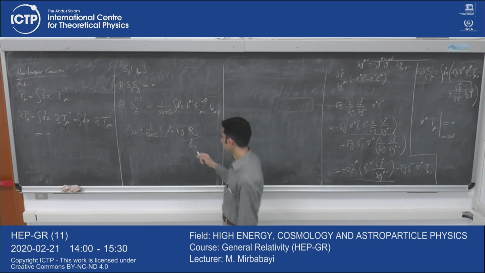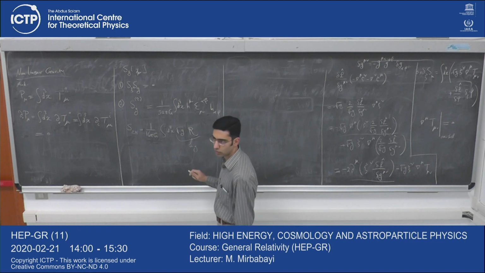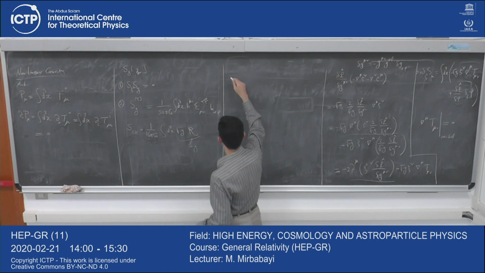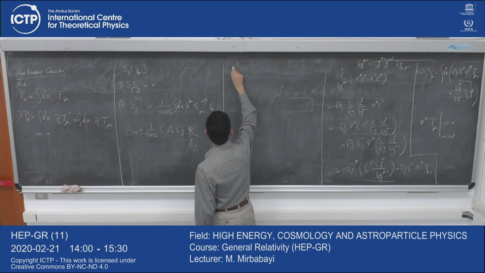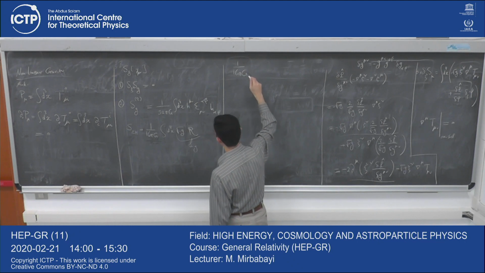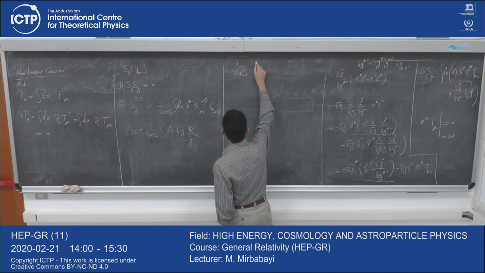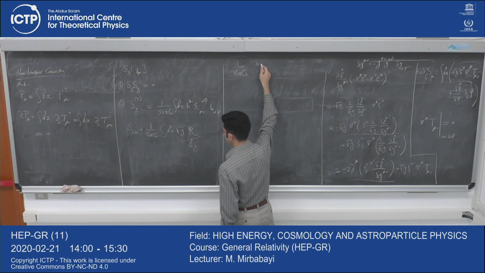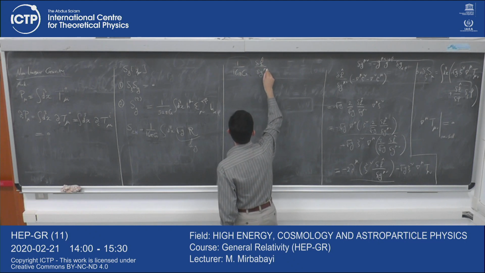And if we do a variation of this action to find the equation of motion for the metric, the variation of this action gives us 1 over 16 pi G delta L hat delta g mu nu.